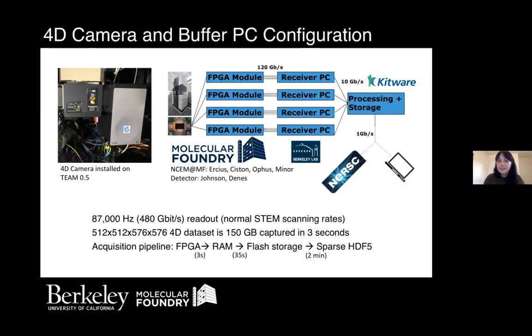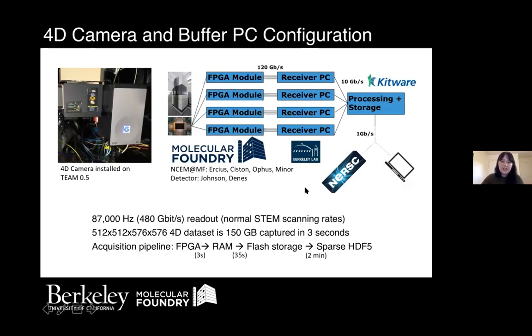Then we undergo a process called electron counting, which takes the data from being a full frame image to an XY coordinate list of electron strikes, because this camera operates so fast that we can safely assume that any pixel that has intensity in it only corresponds to one electron hit.